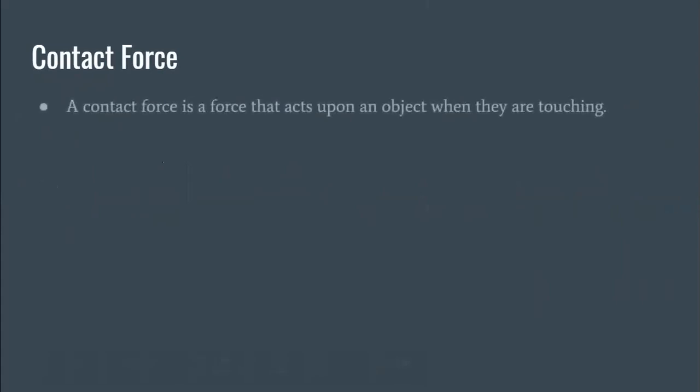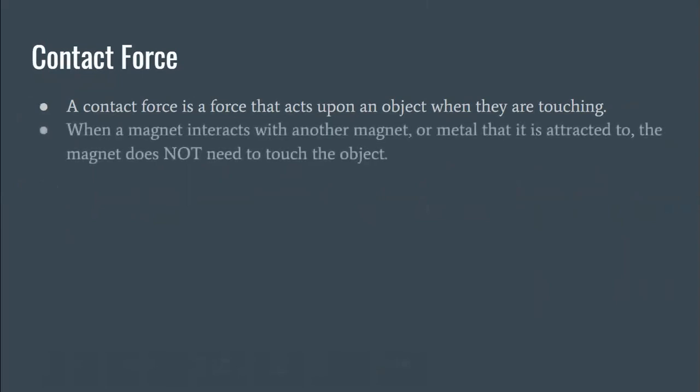Let's learn a little bit about contact forces. A contact force is a force that acts upon an object when they are touching. When a magnet interacts with another magnet or metal that it is attracted to, the magnet does not need to touch the object. You could see this in the videos we watched.